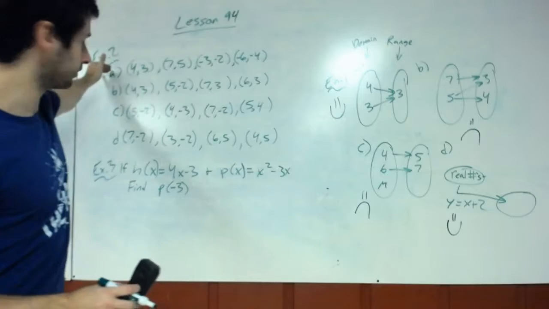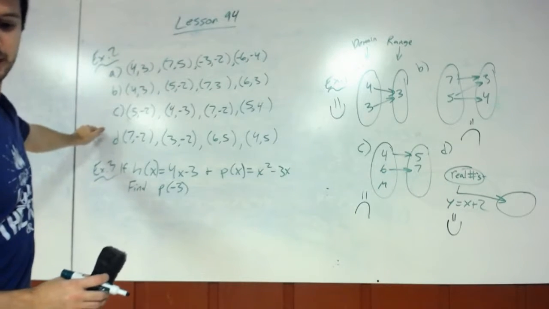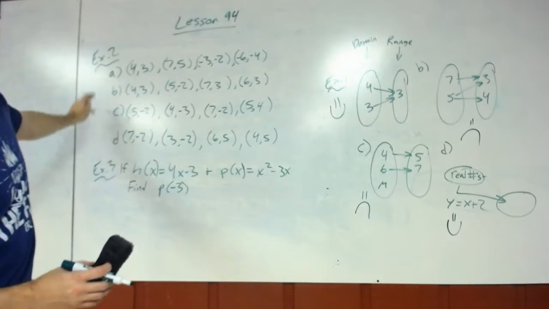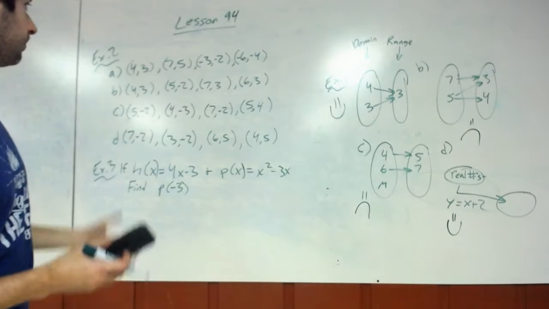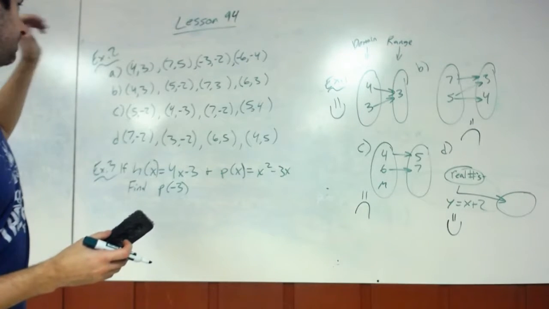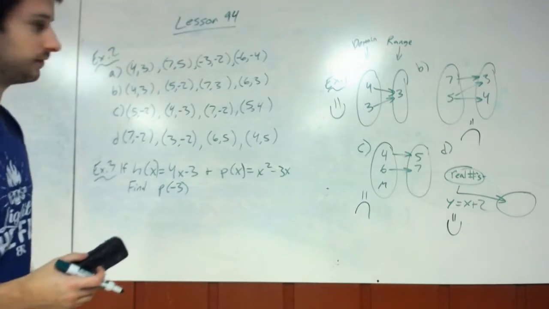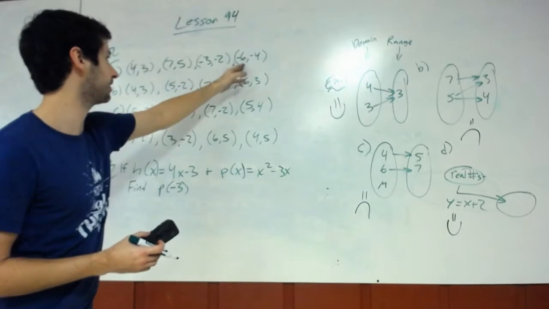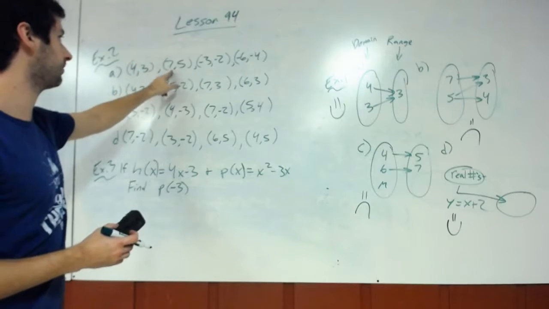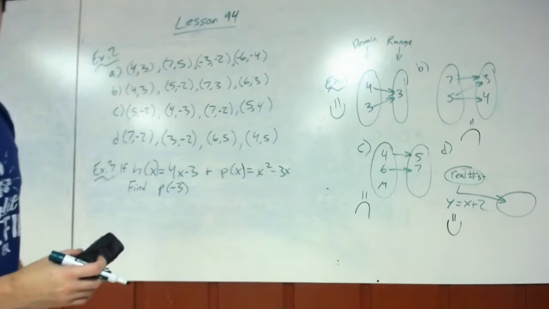Now looking at ordered pairs, example 2. It wants to know which of these can be a function. Once again, I could not have the same x value. So 4, 7, -3, -6 are all different.